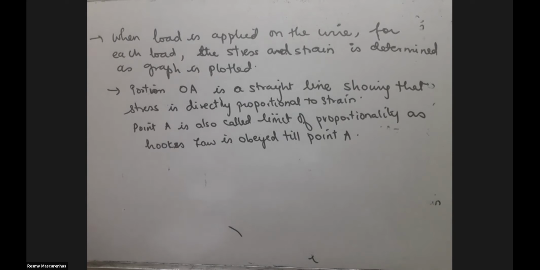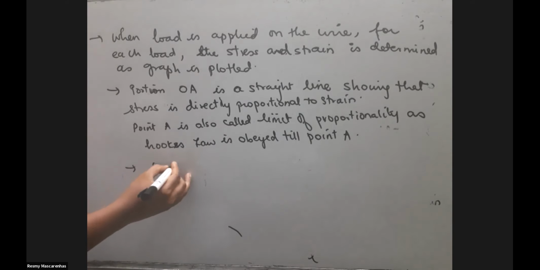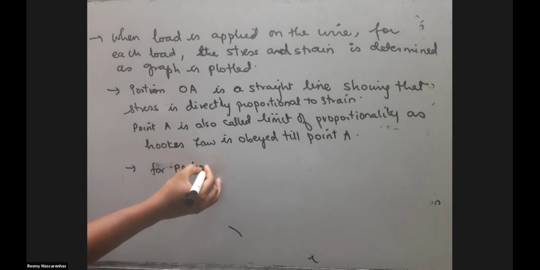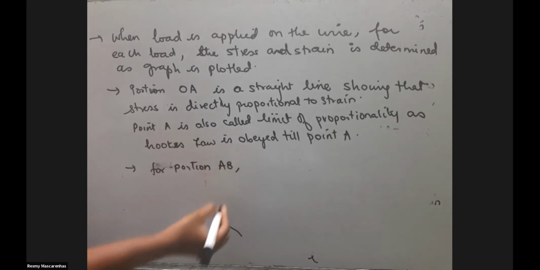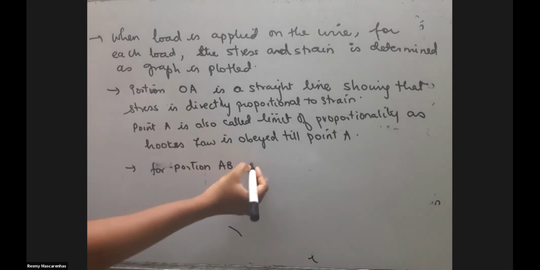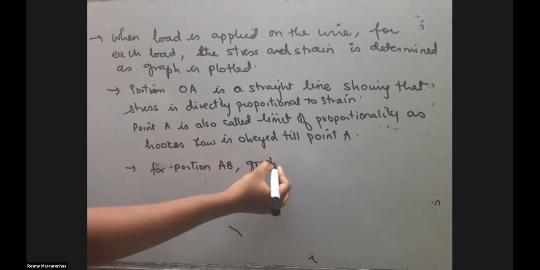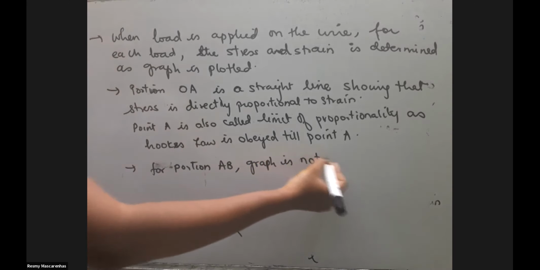Now for portion A to B, the graph is not a straight line.